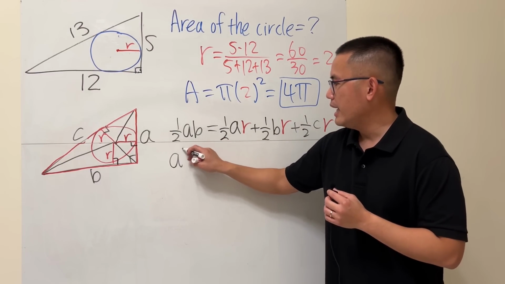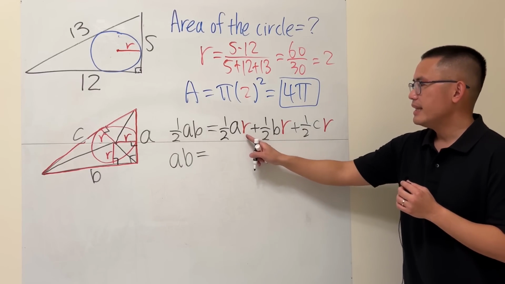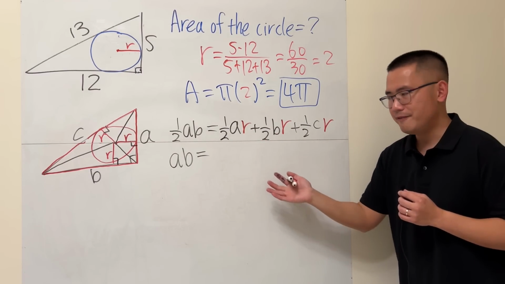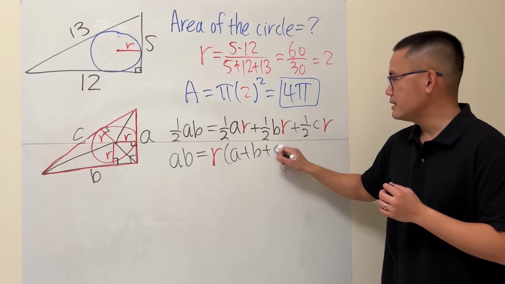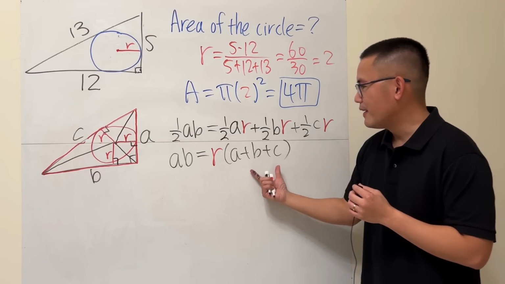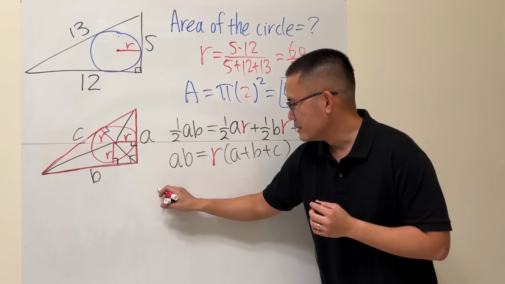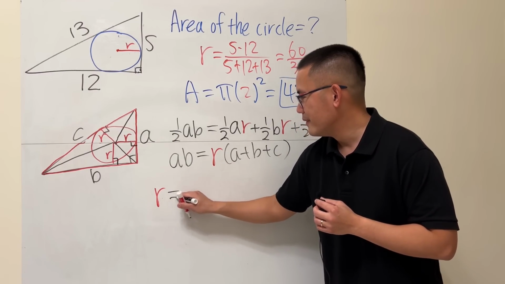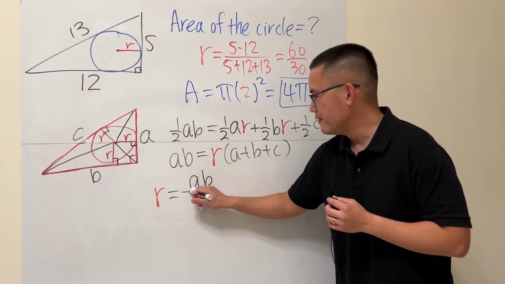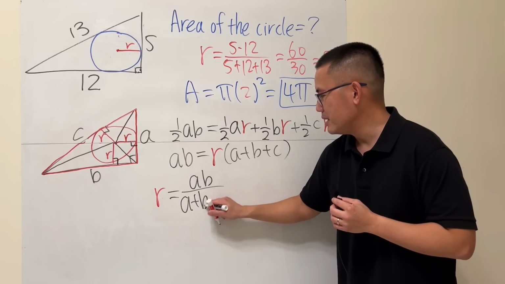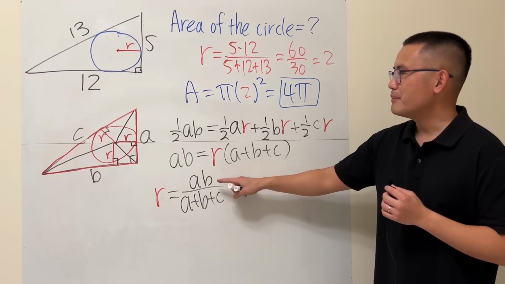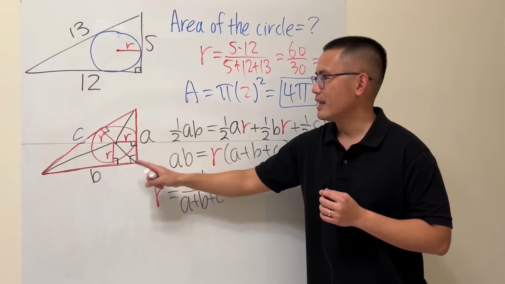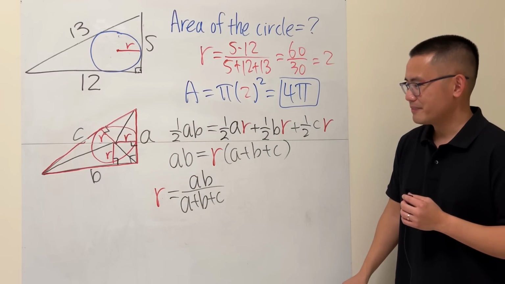So we can see AB is equal to, and then they all have R, so we can factor that out. And then we will have A plus B plus C. Then divide this to the other side. You can see that R is just equal to AB divided by A plus B plus C, which is the perimeter of the triangle. The top is just this times that, like A times B.